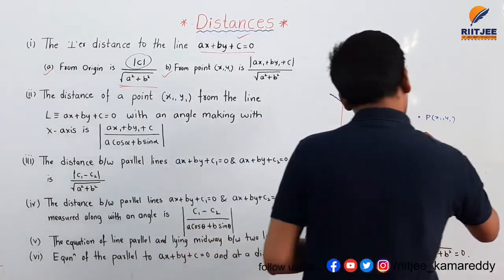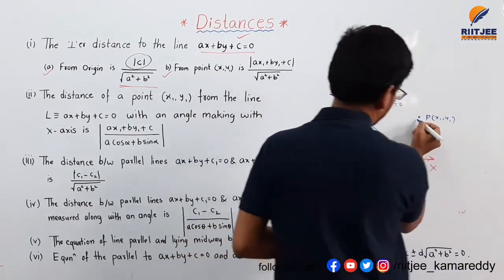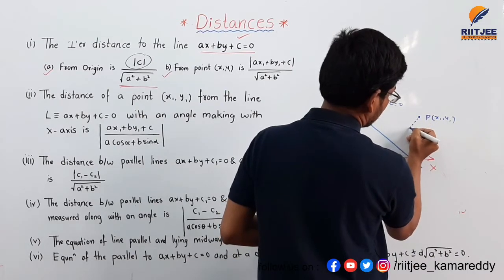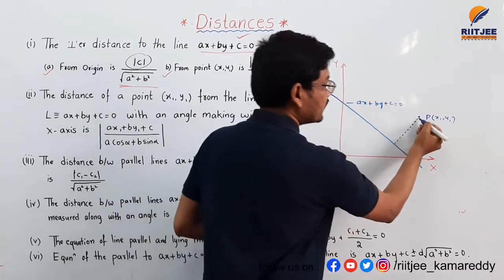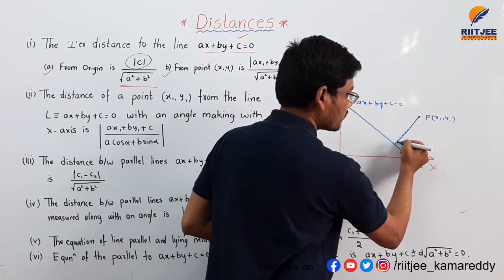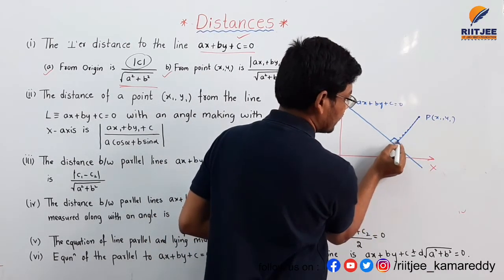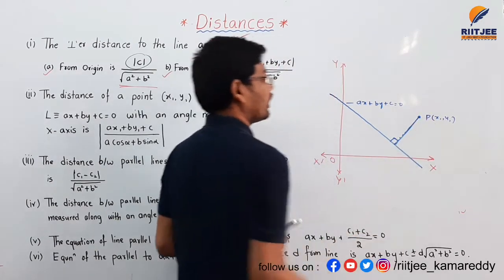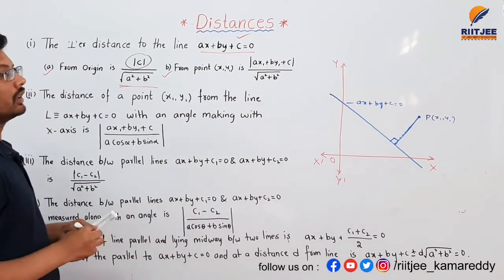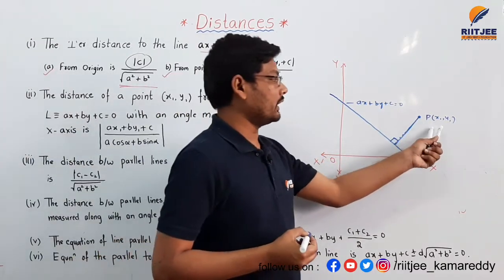The distance from this point to the line, and moreover this is a perpendicular distance. The perpendicular distance from a point to a line is called the distance between the line and the point.